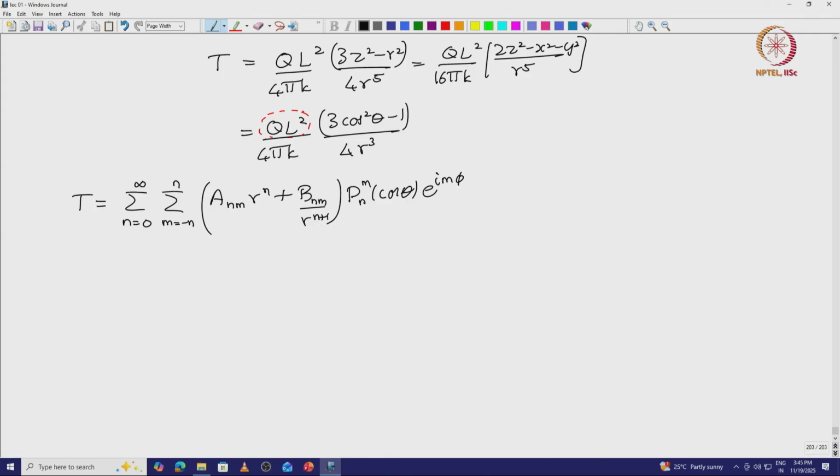And we showed that for n is equal to 0 and m is equal to 0, the temperature field corresponds to a point source of energy at the origin. If you are observing at some observation point x, then the temperature field is given by T is equal to q by 4 pi k into the magnitude of x.